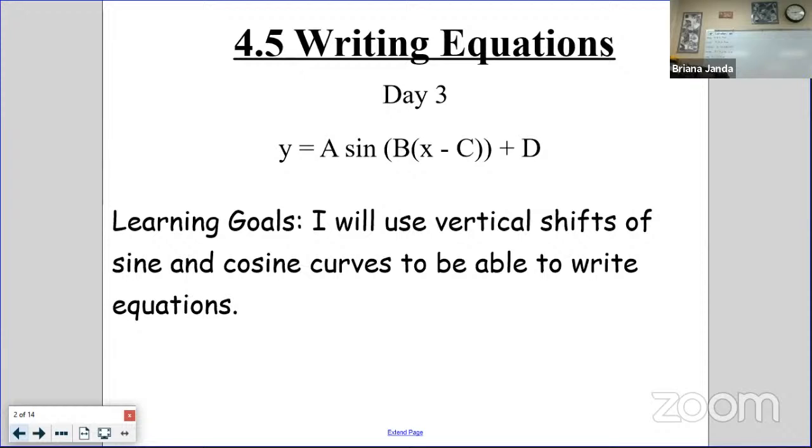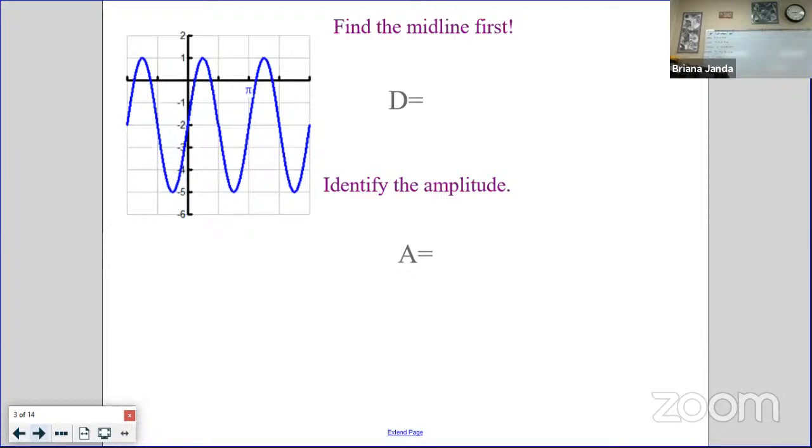A, D, and B are the same, whether we write our equation as sine or cosine. And so you'll notice that on a lot of my work, I'll just have those listed out to the side, regardless of which one I'm doing, because it's the same for both. Okay, the amplitude does not change if it's a sine or a cosine. The vertical shift doesn't change if it's a sine or a cosine. So let's talk about these.